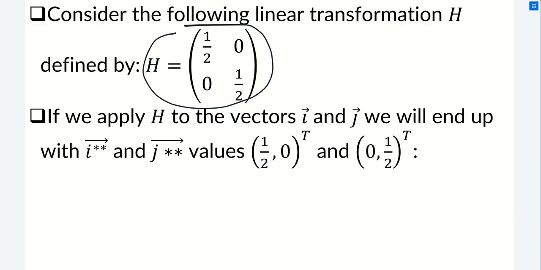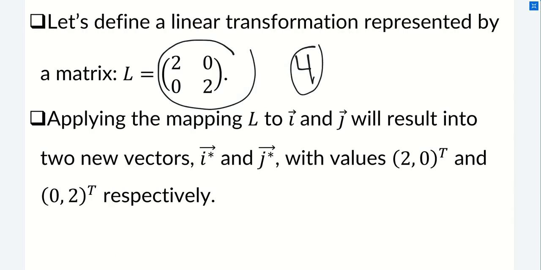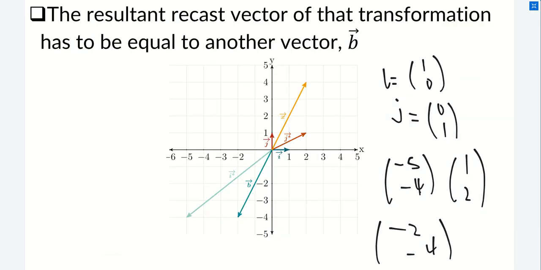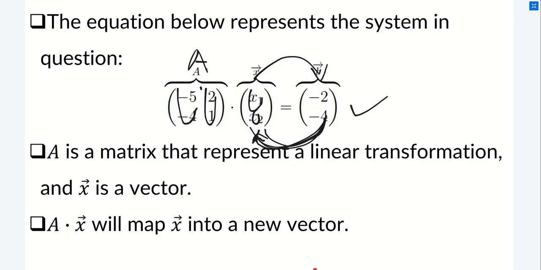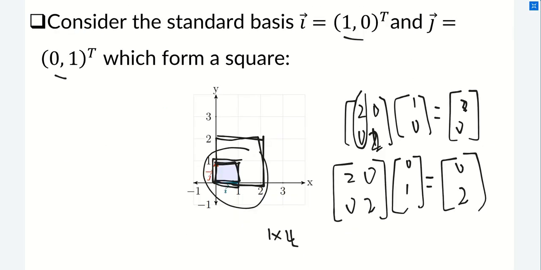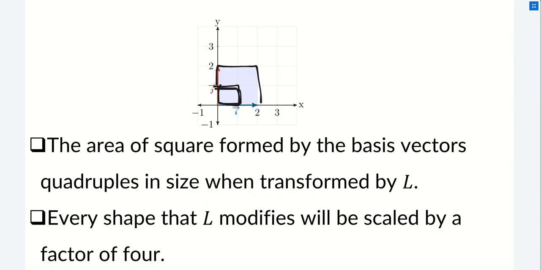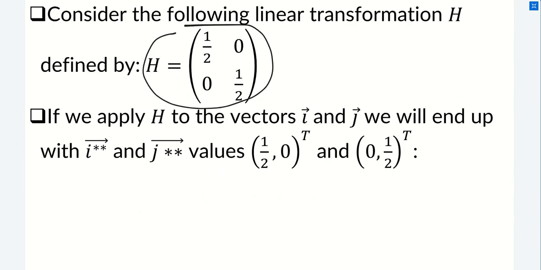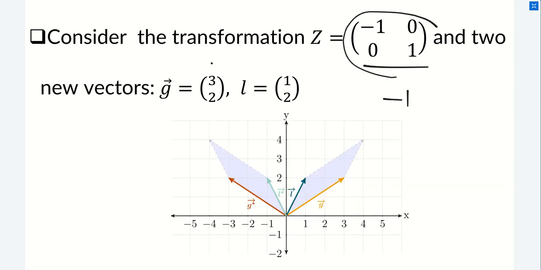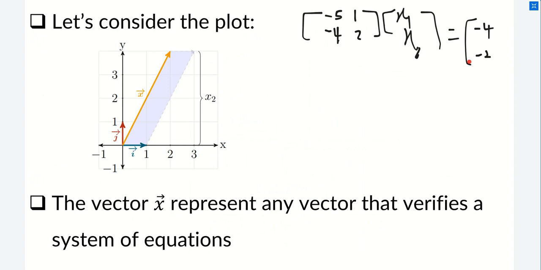Let me verify, please. Okay, -2, -4 rather. Right, -2, -4.